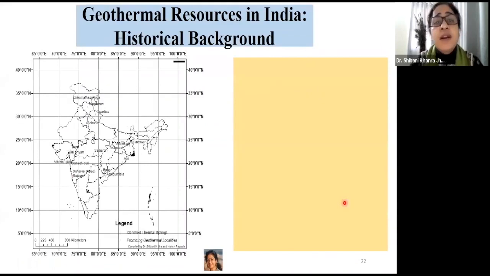So let's look at the historical background of geothermal resources, where you can see in this particular map a lot of promising geothermal provinces shown by name. I can just take some of them: Chumatang, Manikaran, Tapovan, Sohana, and so on, Puga.